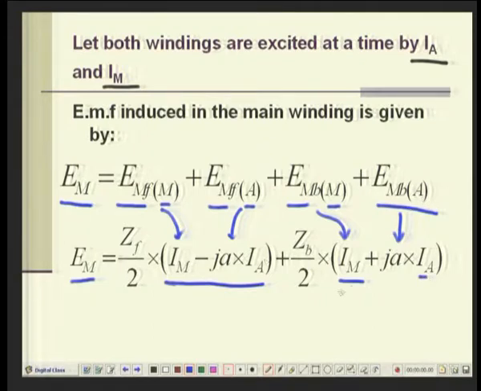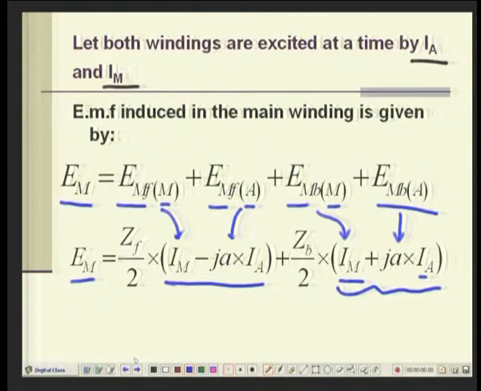We have derived that anyway, I hope you understand. This is almost like a cumulative forward MMF, and this is a cumulative backward MMF. No, what is EMB? Is it ZB by 2 into IM?